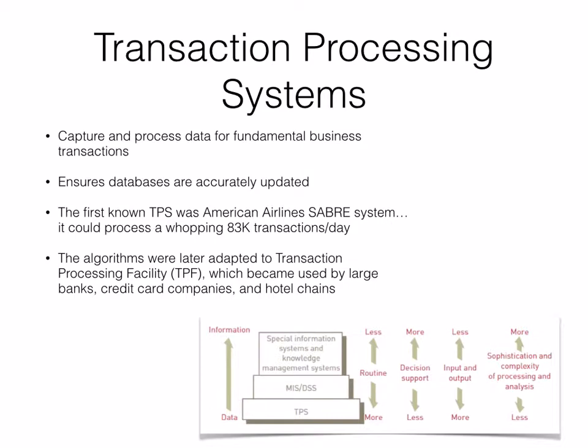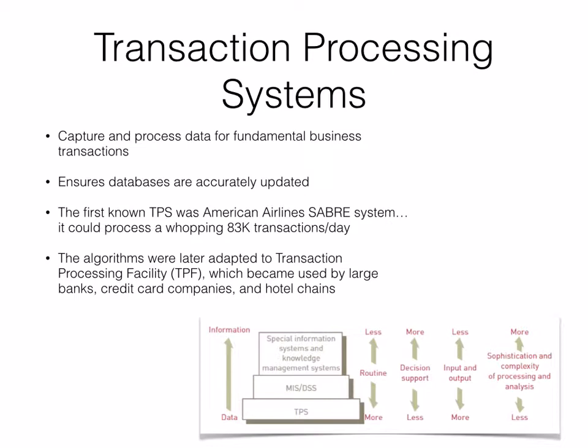It was the transaction processing system that American Airlines had, known as Sabre, which I think is now spun off into its own company. At that time, Sabre was able to process a whopping 83,000 transactions in a given day. And this was for ticketing, of course.